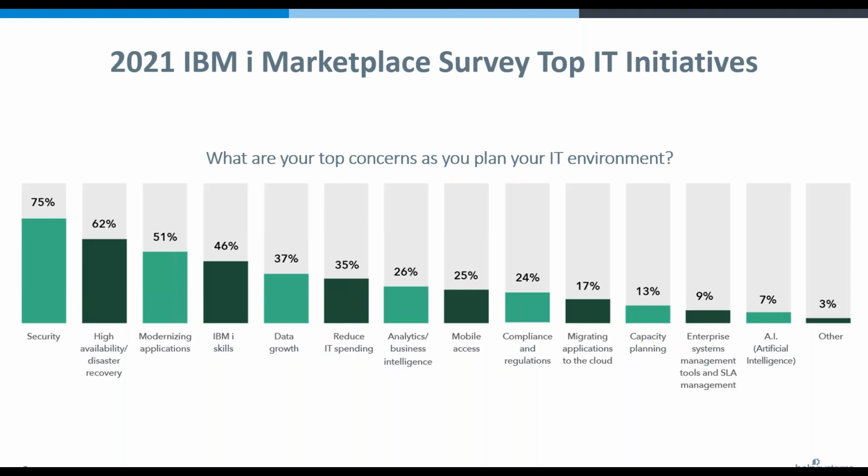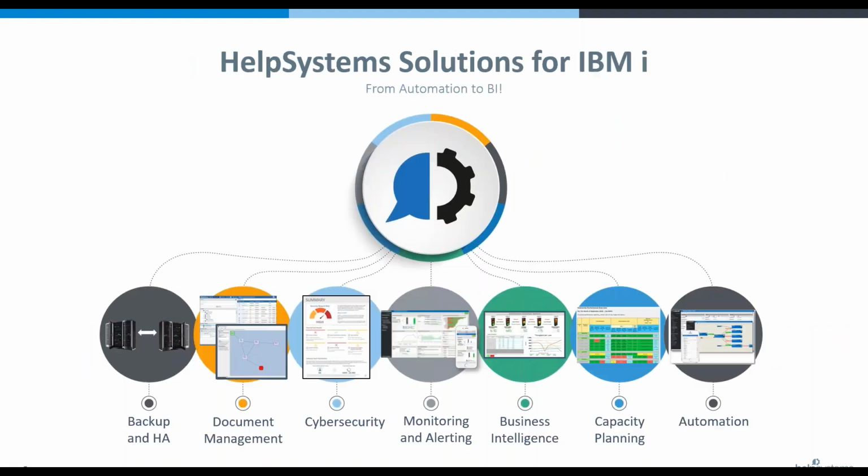And probably the bigger change this last year is we saw an increase of about 7% in reduced IT spending. It makes sense in this COVID year. There are organizations that have been struggling to stay in business, and certainly all of us are tightening the belts because of the unknown future. But security is number one, high availability number two, and modernizing. And we'll talk about these technologies as we roll through today's presentation.